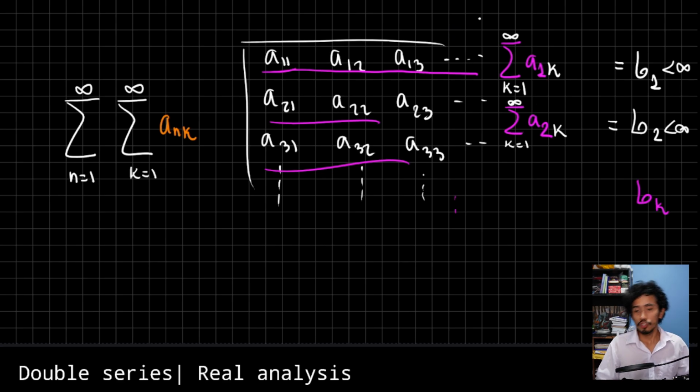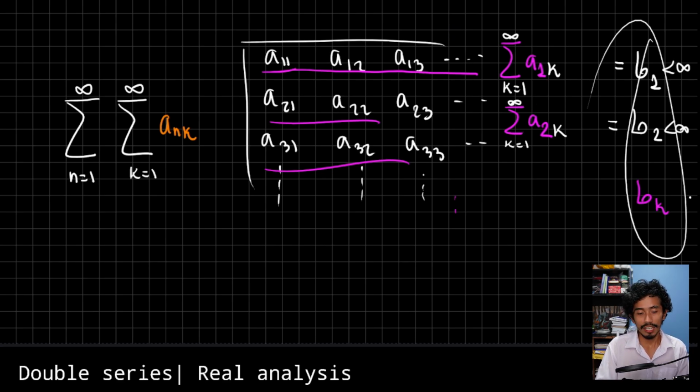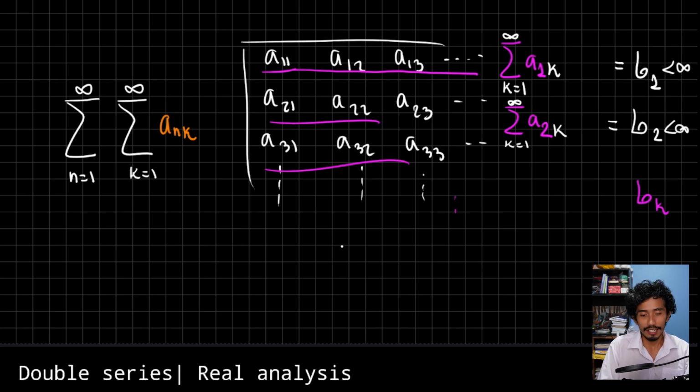Then we can sum all of those numbers, supposing again that this converges, and this will be some value that we may call the value of the double summation.